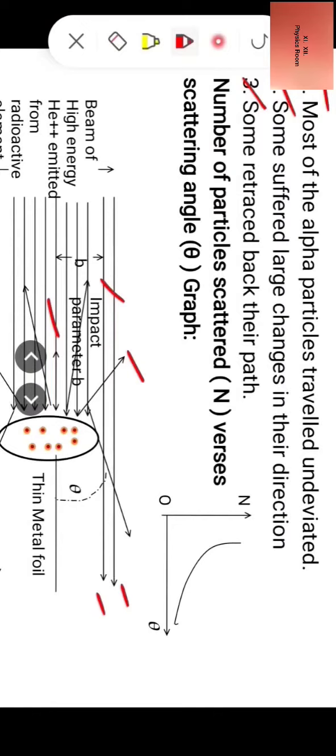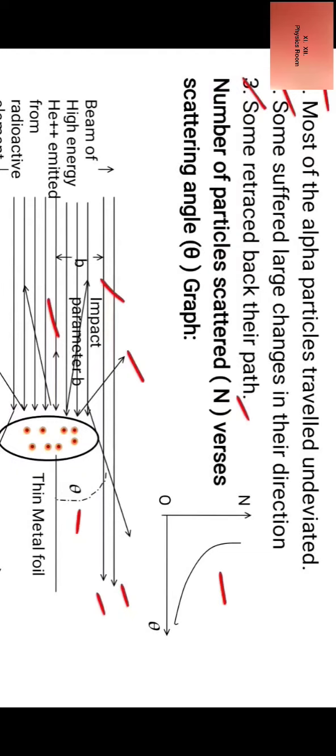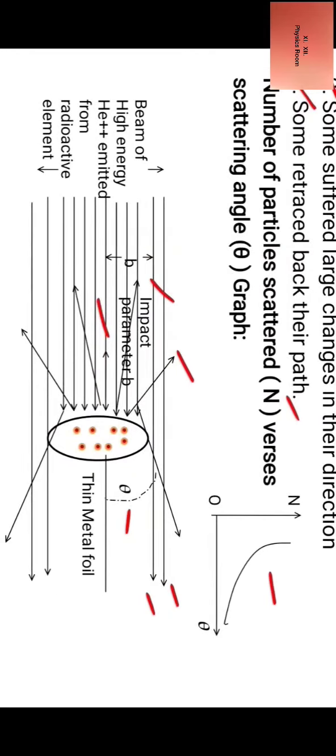And when number of particles scattered n versus scattering angle theta graph was plotted, it came out to be as shown in diagram. This is how observations were recorded and the graph was plotted.